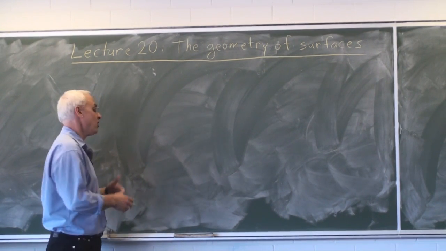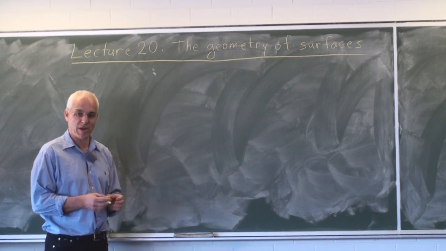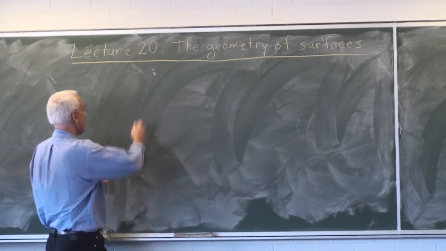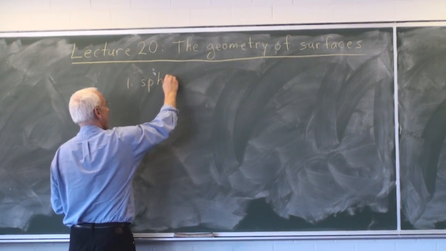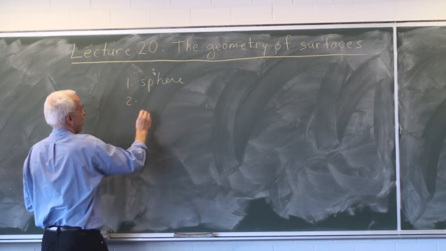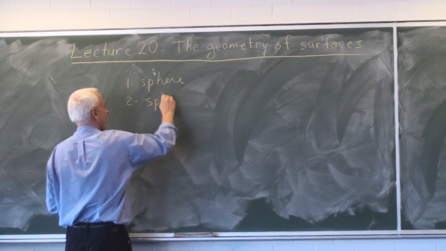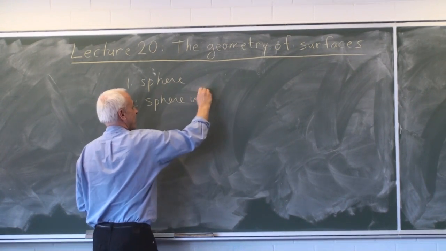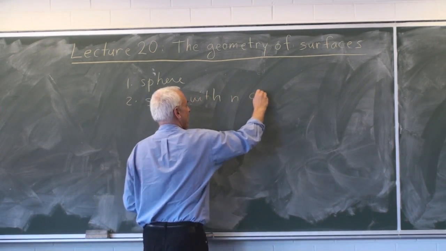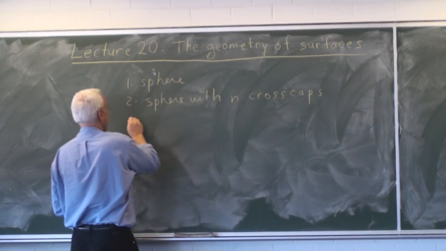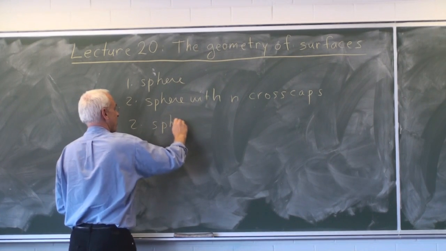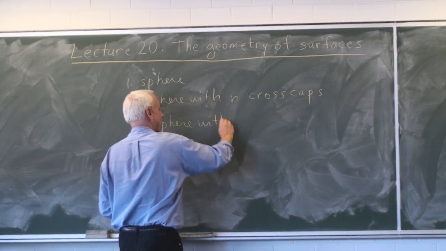said that any compact connected two-dimensional surface was one of a short list, either a sphere, or a sphere with a certain number n of cross caps, or a sphere with a certain number of handles.